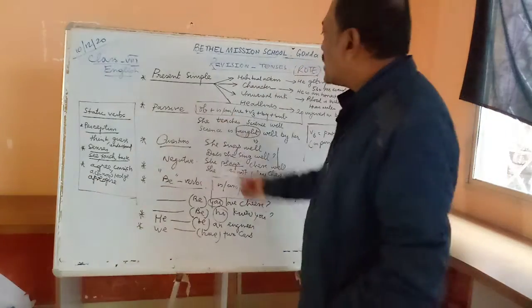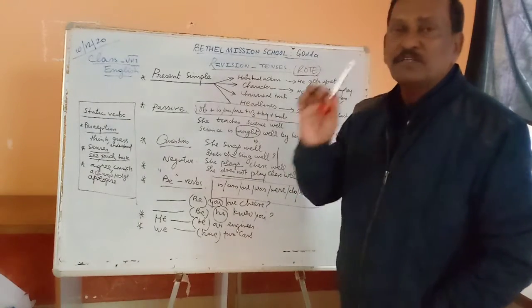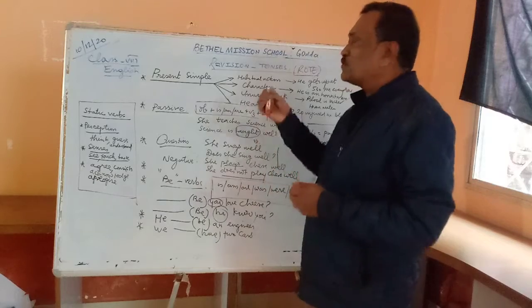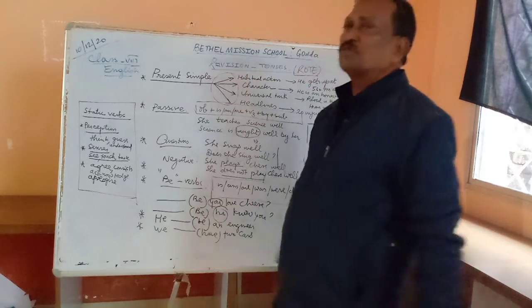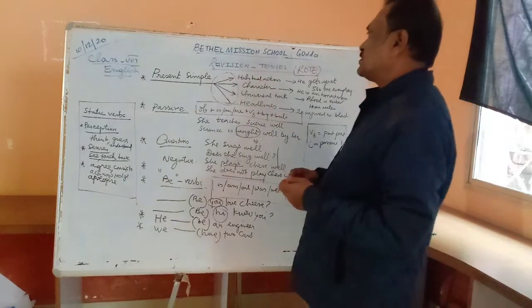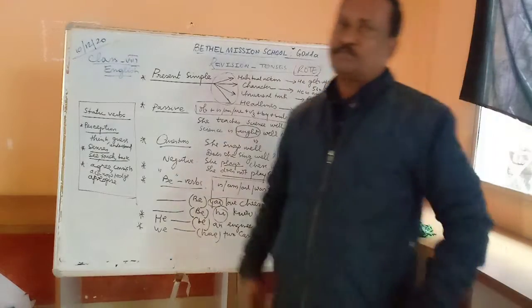So what do you mean by application? The usage of the tense. The correct usage of the tense. For example, first, let us see the uses of the simple present. How is it used? What are the occasions? What are the applications? First of all, habitual action.